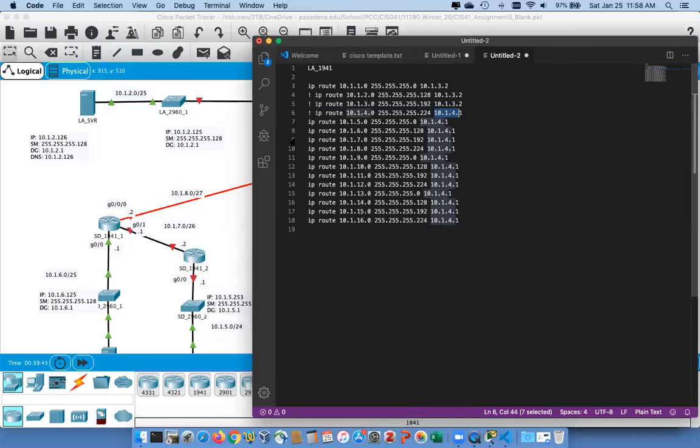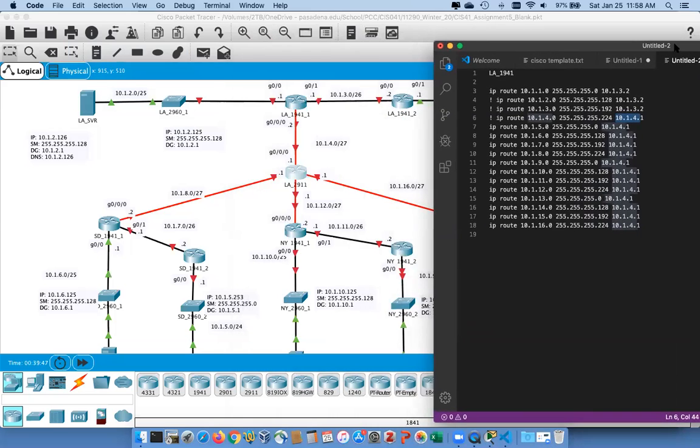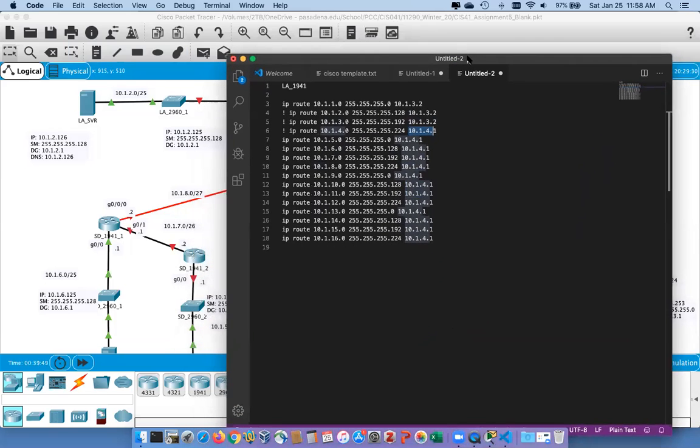So then you're probably going to want to do the same thing for the LA 1941 2.